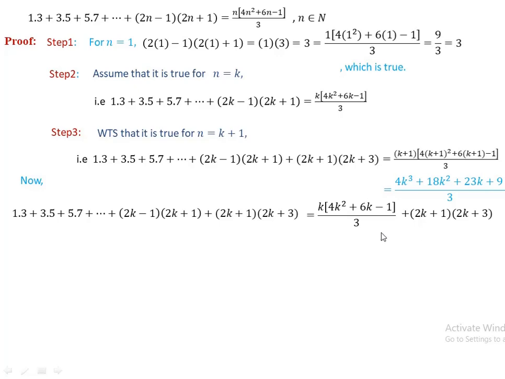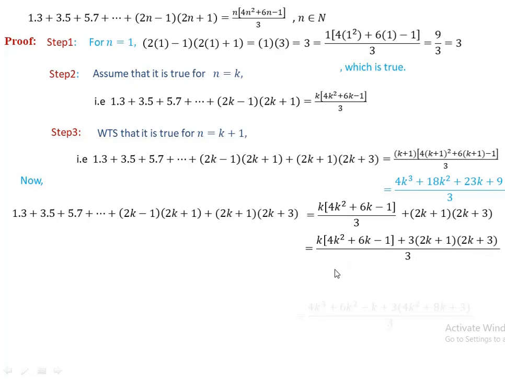By rearranging, we have k times (4k squared plus 6k minus 1), and multiplying (2k plus 1) times (2k plus 3) by 3, we have 3 times (2k plus 1) times (2k plus 3), all over 3.